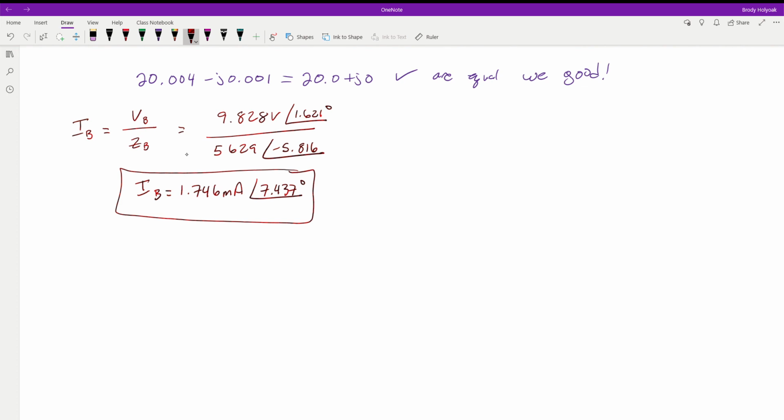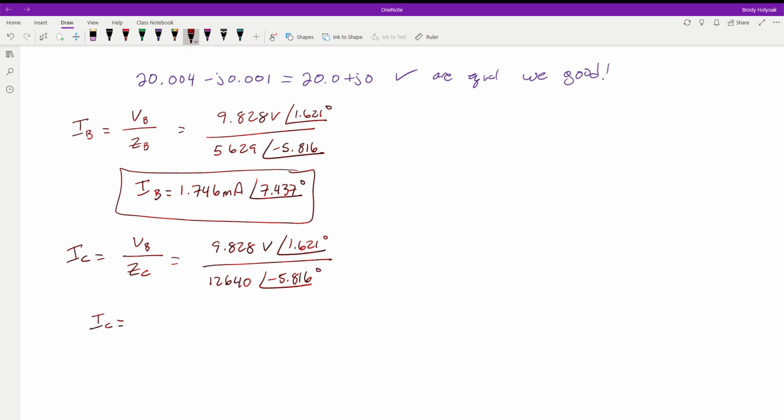The branch current for branch C is going to be the same voltage because they're in parallel, divided by the impedance of that branch. So we have 9.828 volts at an angle of 1.621 degrees divided by the impedance, which is 12,640 at an angle of negative 5.816 degrees.